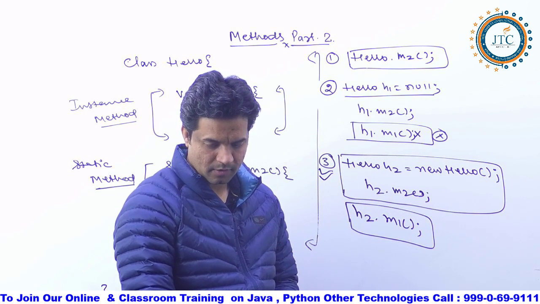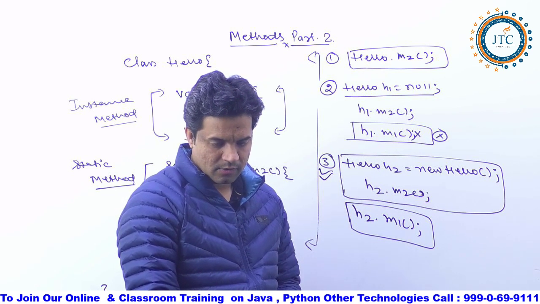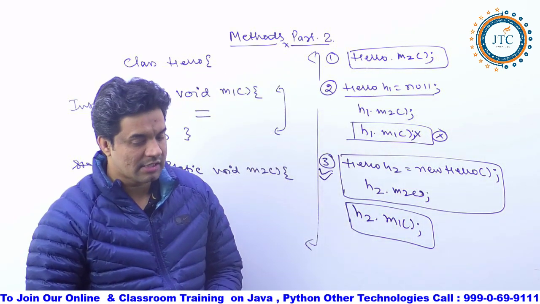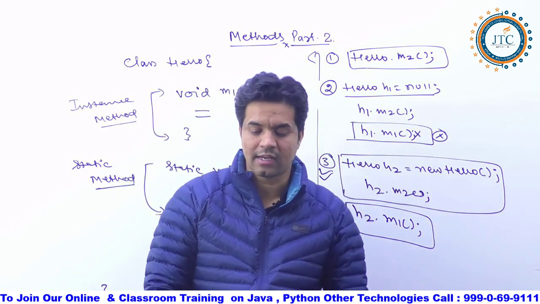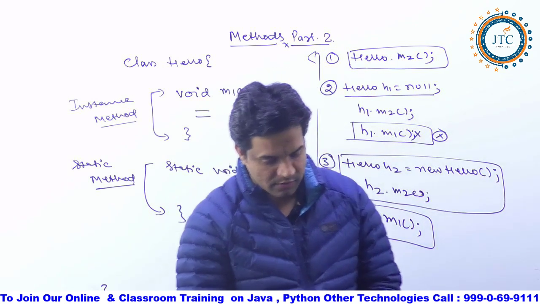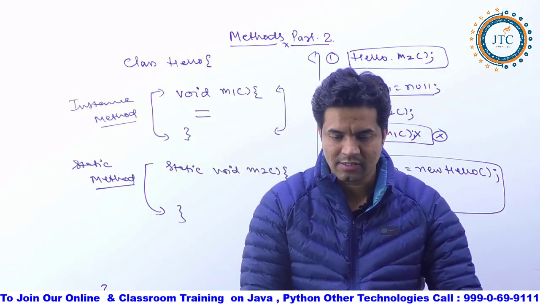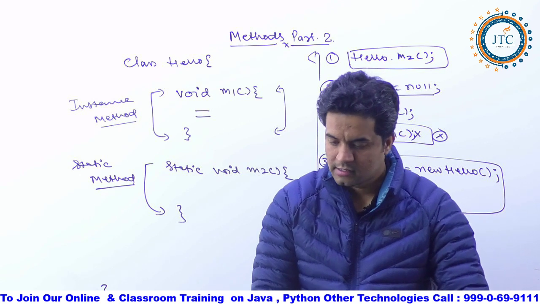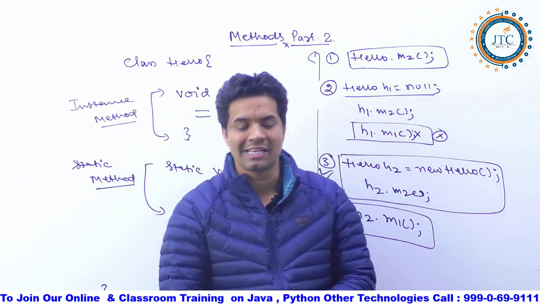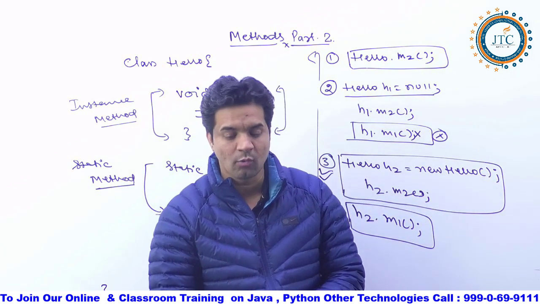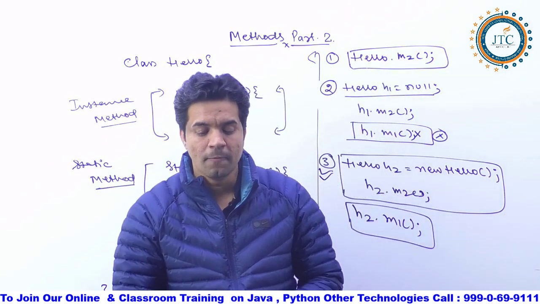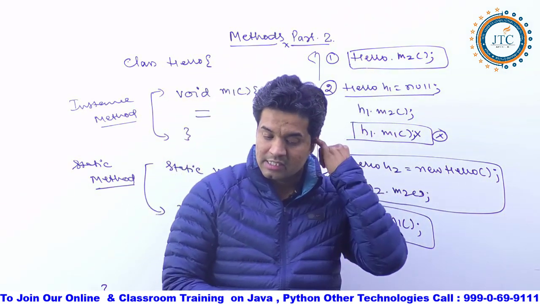Okay. Now, let's have one example on the basis of these methods, instance method as well as static method. We are writing one example covering how to write the instance method of a class, how to write the static method of a class, and what is the behavior of the other members of a class with respect to instance as well as static methods.